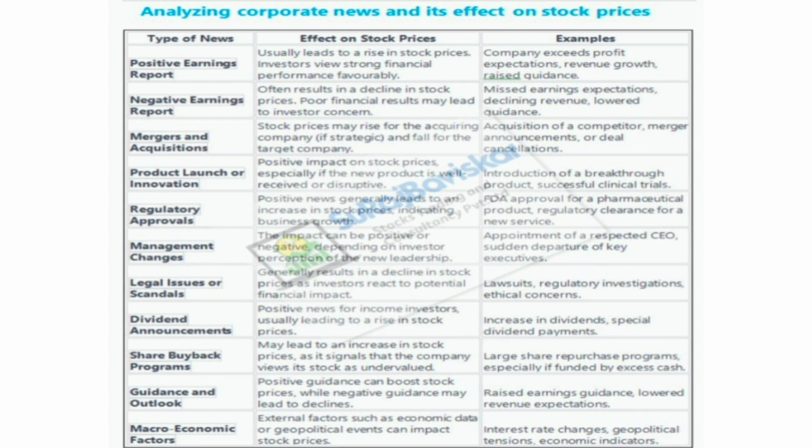So these are various factors or news which companies may come up with and their impact or effect on the stock prices. So we'll move to the first news, that is positive earnings reports.